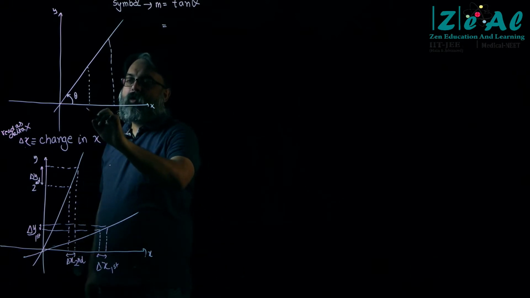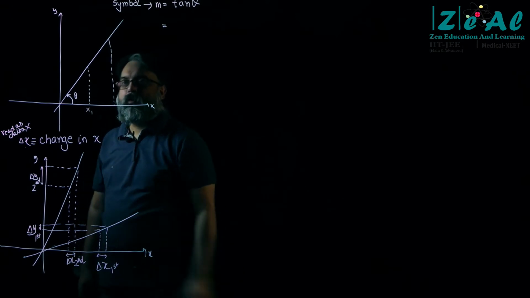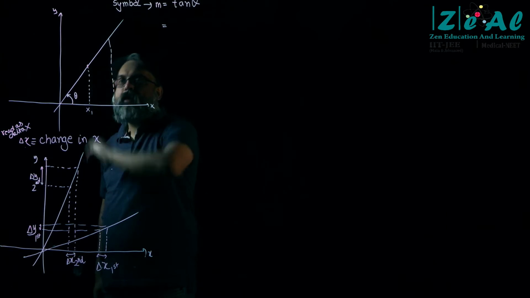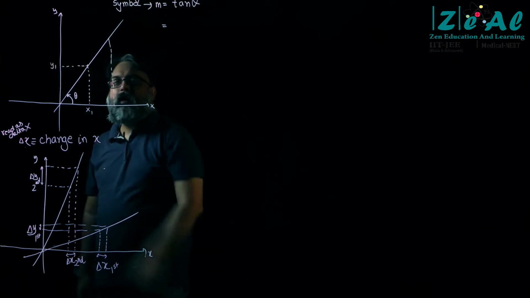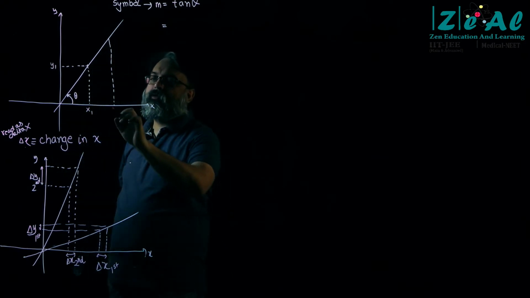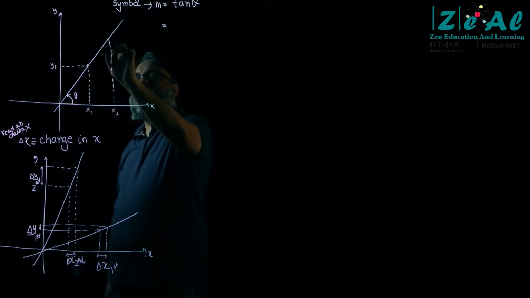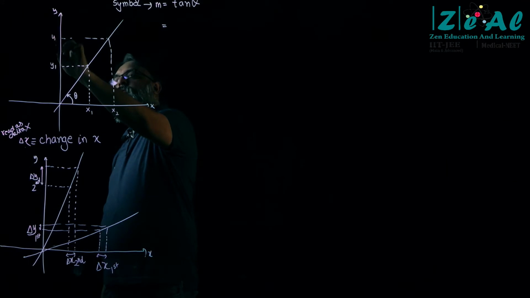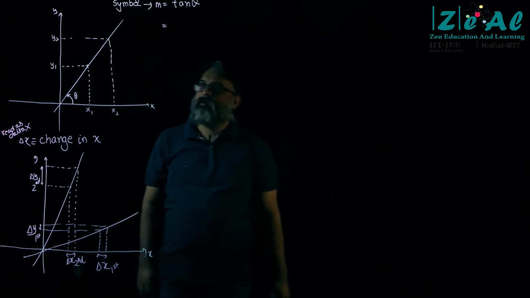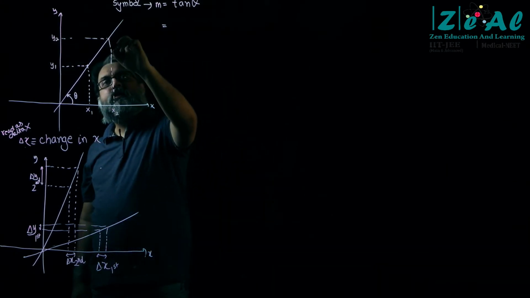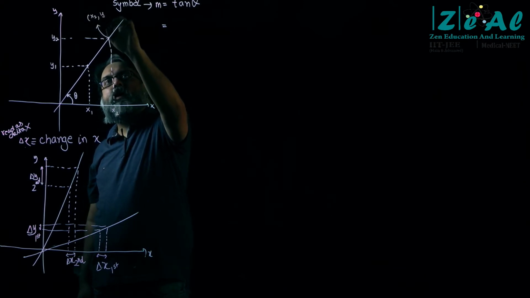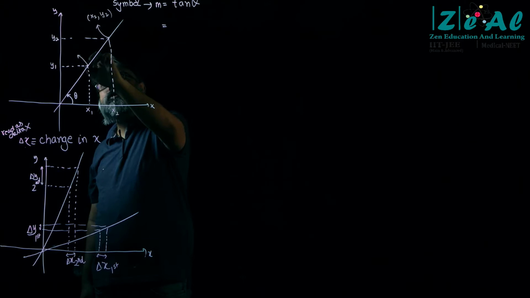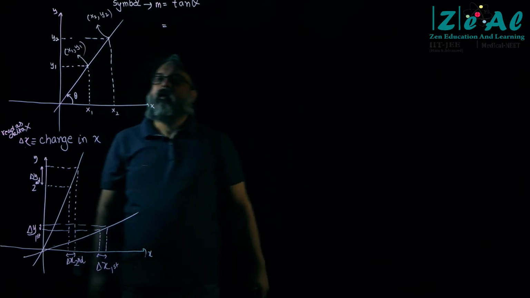So if I know that this point has an x coordinate of x1 and a y coordinate of y1, and this point on the straight line has an x coordinate of x2 and a y coordinate of y2, right? Then the coordinates of this point are x2 comma y2, and the coordinates of this point are x1 comma y1.